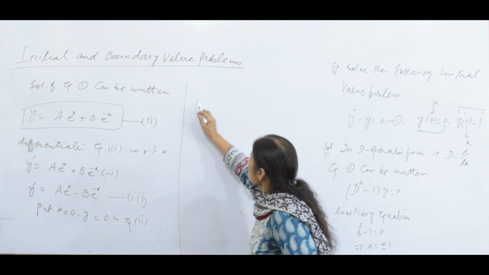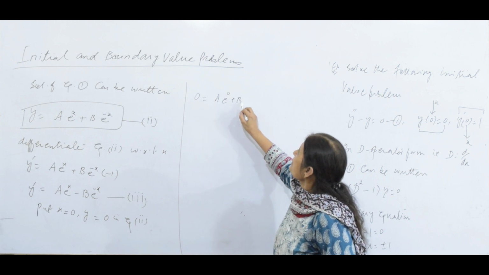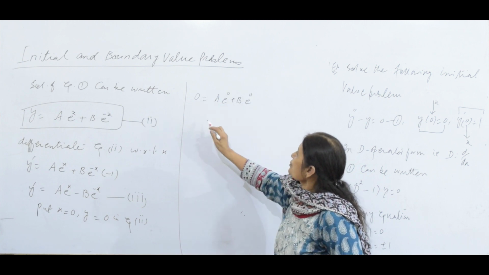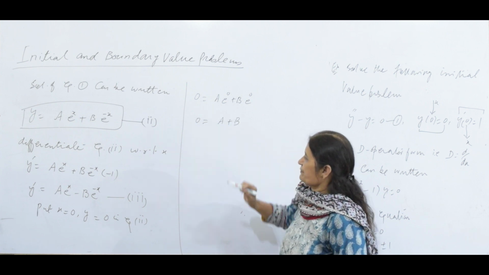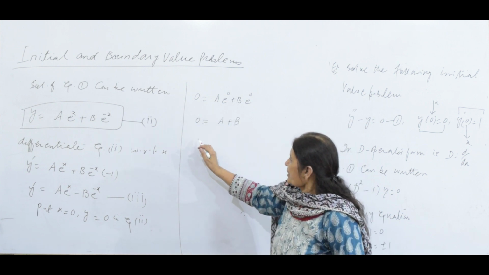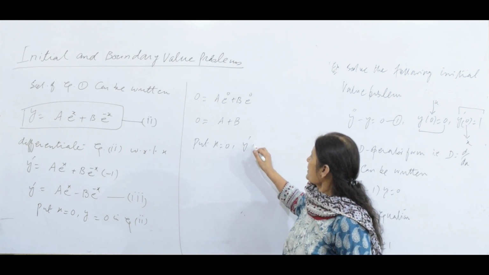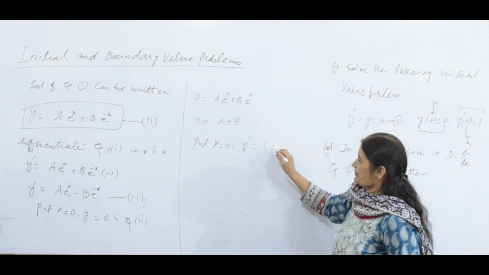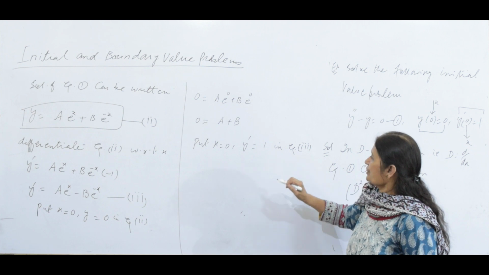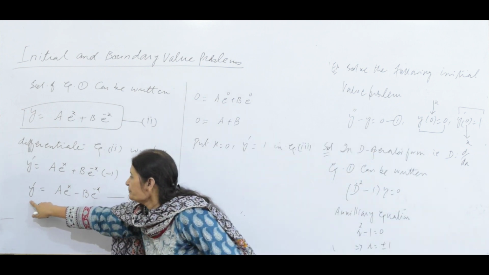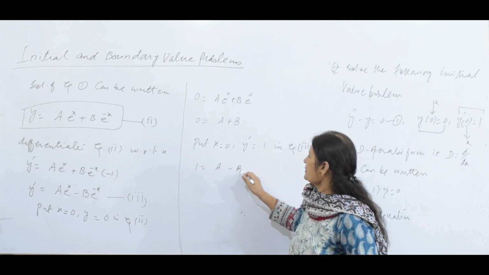So I will have 0 is equal to A e to the 0 plus B e to the 0. So this becomes 0 is equal to A plus B. Another time I put x equal to 0, y prime equal to 1 in equation 3. So y prime is 1, and this is 1 is equal to A minus B.